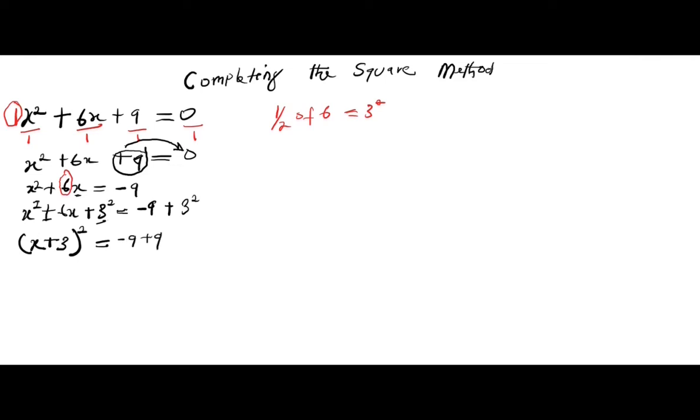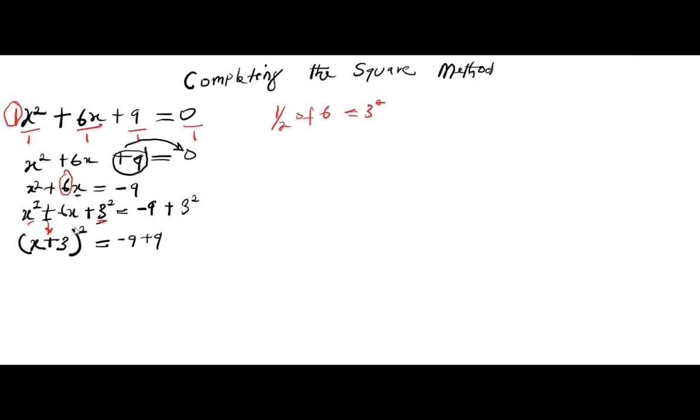Let me remind you of the trick again. You take x plus 3, then you square everything, equals this negative 9 plus 3 squared, which is 9.